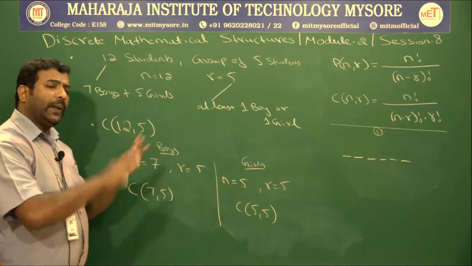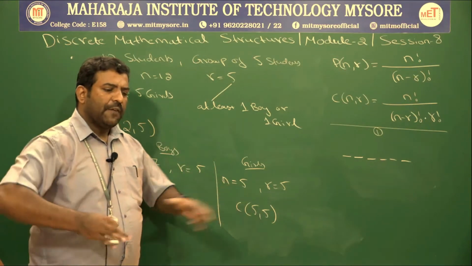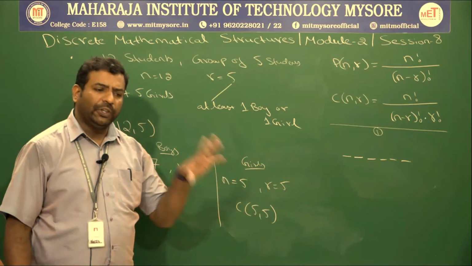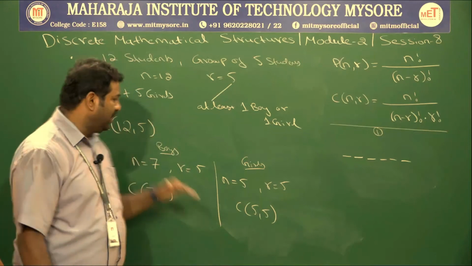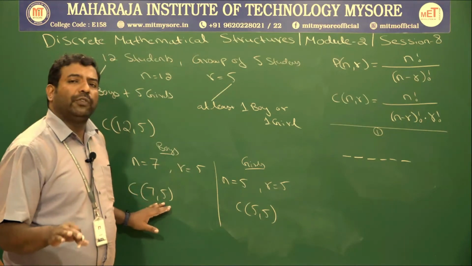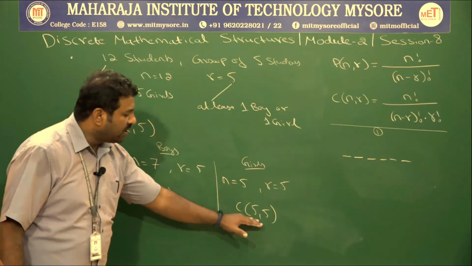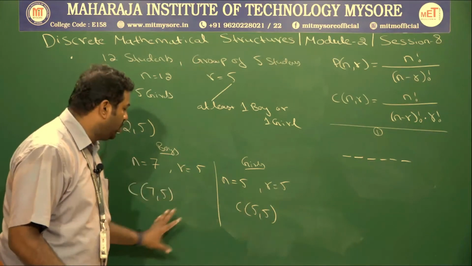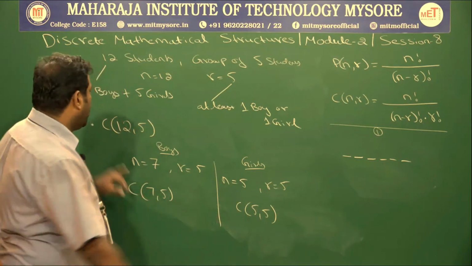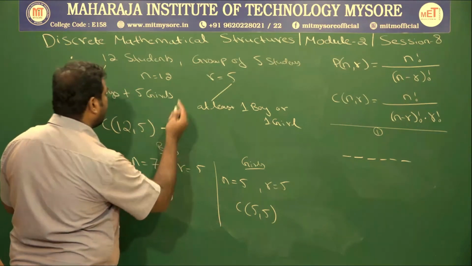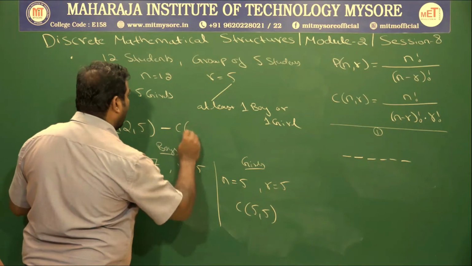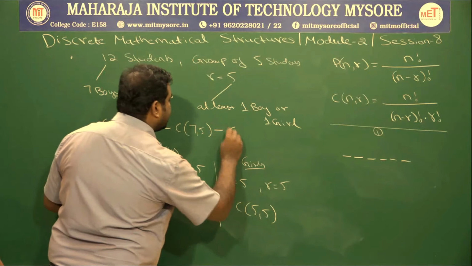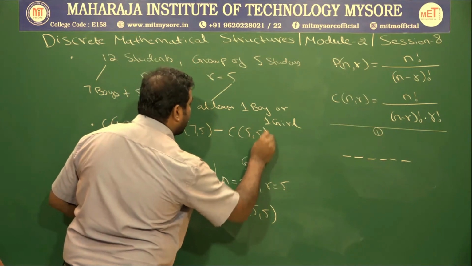So now this is the total number of ways where I can form a group of 5 from all the 12 students, which also includes all the boys and all the girls. This is only the group which includes only the boys, and this number of ways includes only the girls being in the group. So now what should I do? I need to subtract these 2, so C of 7, 5 minus C of 5, 5.